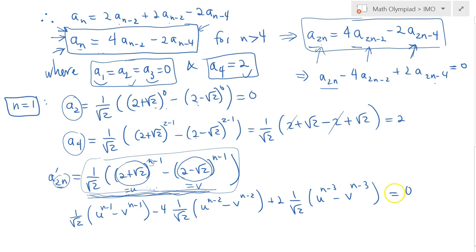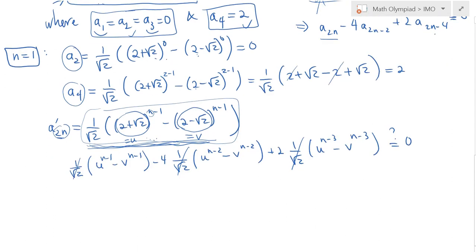And let's see if this makes sense. Well, the 1 over root 2's I can easily see will go away. And look at that. Do you guys agree that we have two different expressions, one in terms of the u's and another one in terms of the v's? So I can just split them. Does that make sense? So, in fact, I will do this.